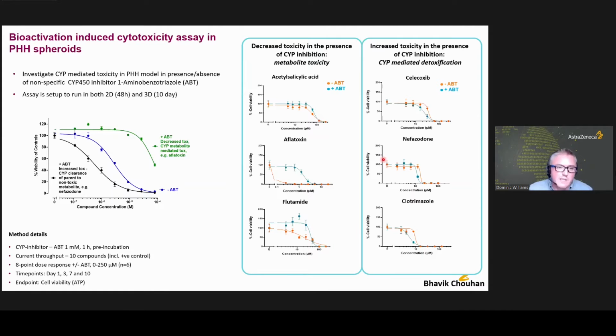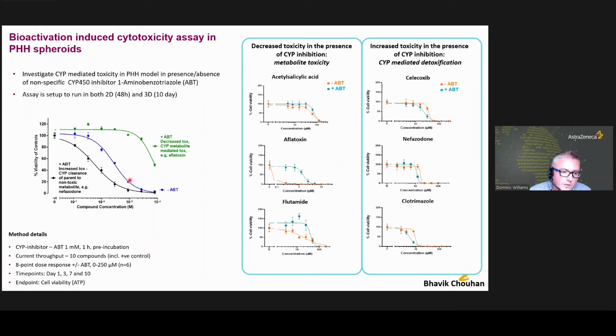And so here we have our bioactivation-induced cytotoxicity. So obviously P450s can bioactivate drugs to reactive metabolites, which may or may not be toxic to the hepatocyte. So this is a representative graph whereby a compound causes cytotoxicity in the absence of ABT.